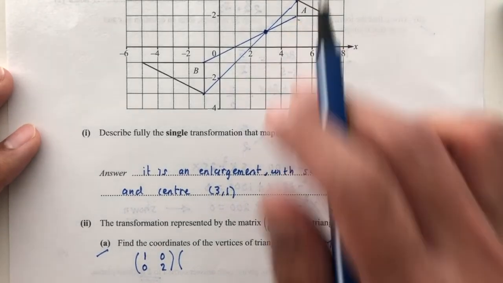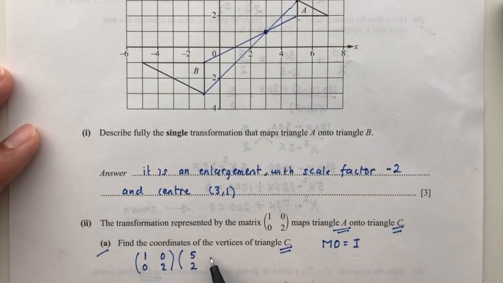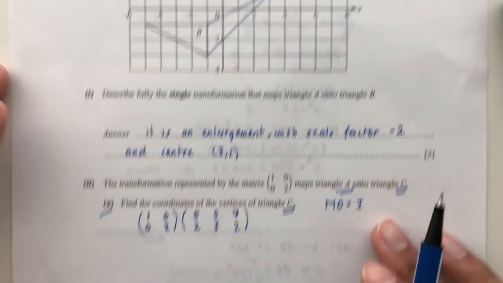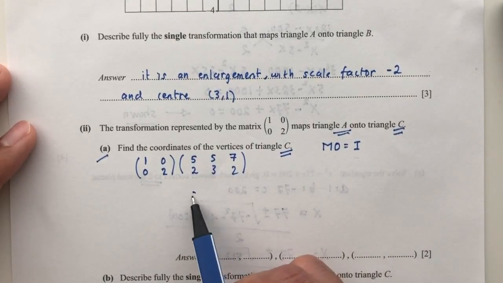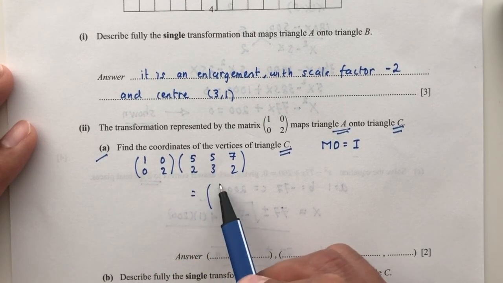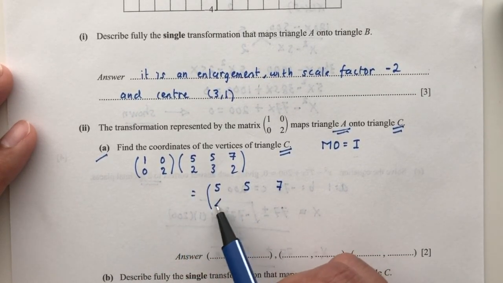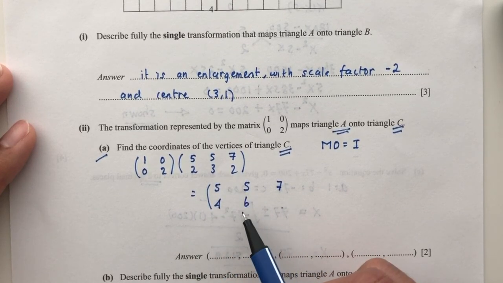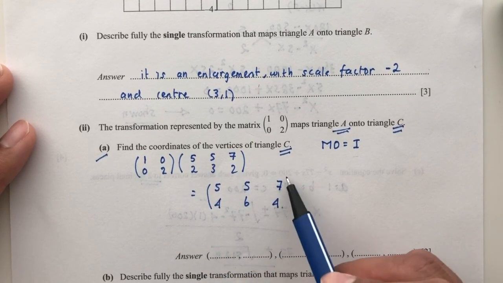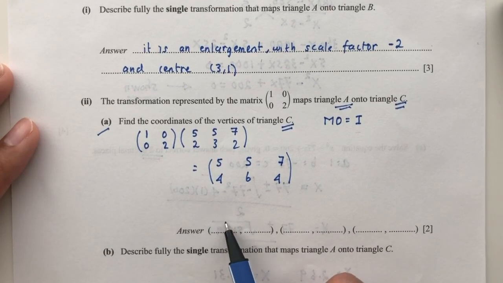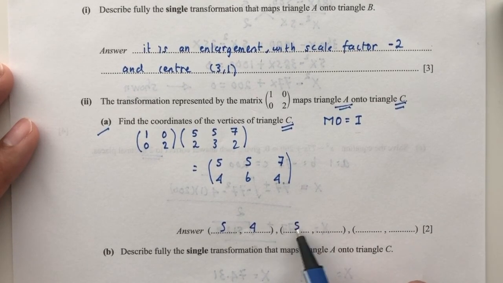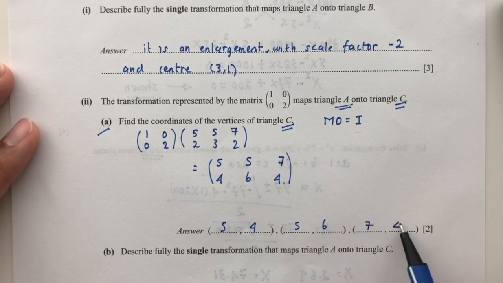We have (5, 2), (5, 3), and (7, 2). Let's solve. You will have 5, 5, and 7, and here you will have 4, 6, and 4. So these will be the points: (5, 4), (5, 6), (7, 4).